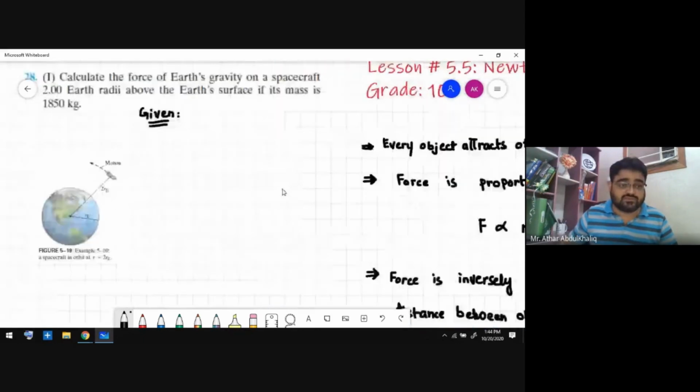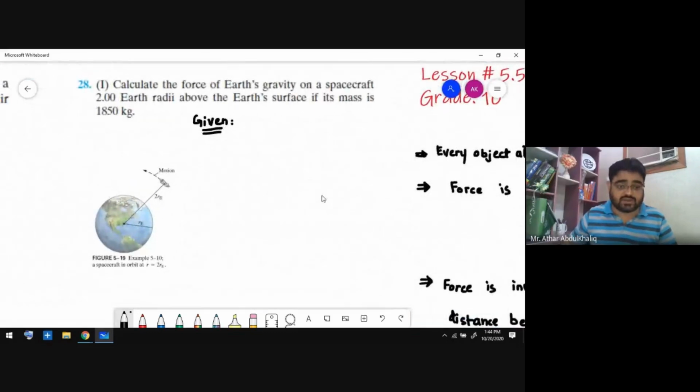So here, if you are watching the figure, the center of the earth is this point, and center of the spacecraft is this. So total distance from here to here is equal to 2 earth radii plus 1 earth radii. So it becomes 3 earth radii.